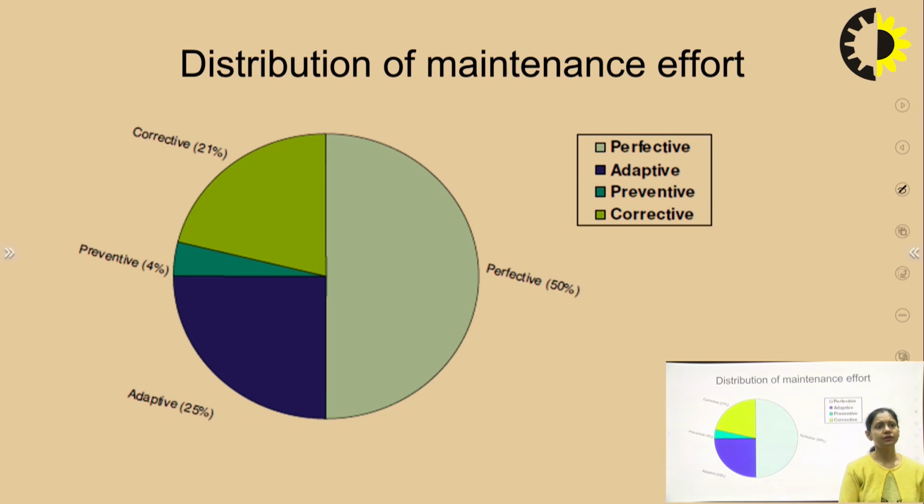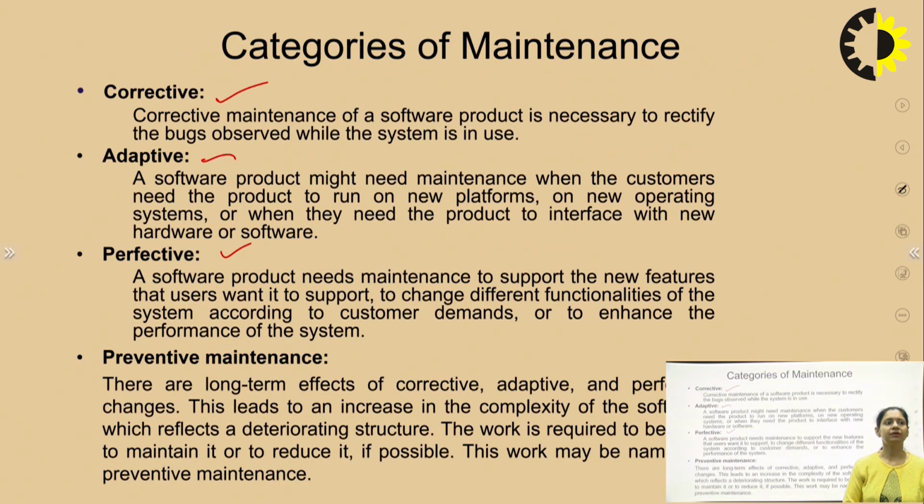So if we look into the distribution of the maintenance, the preventive maintenance has a very small share, wherein whatever changes we are making in the software, those are taken care of. The most area is covered by the perfective maintenance. Now, perfective maintenance, as we have seen, is to support the new features that the user wants.